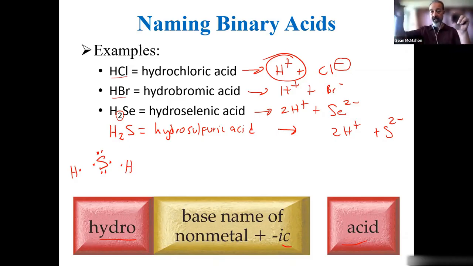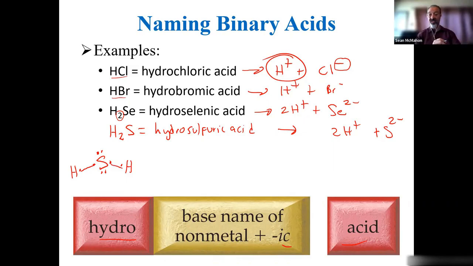So to make everybody happy, the hydrogens want to be like helium, which has the first energy level filled. They want to have a 1s2 electron configuration like helium. So they want to have a duet. But all the other elements want octets, right? So sulfur wants to be like argon because it has the s and p sublevels filled. So it's willing to share these electrons and form bonds.